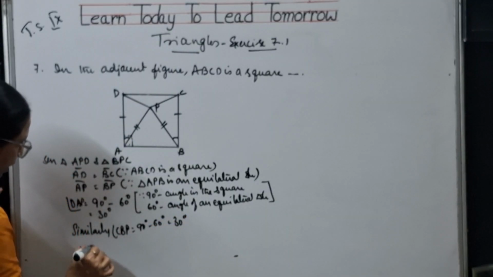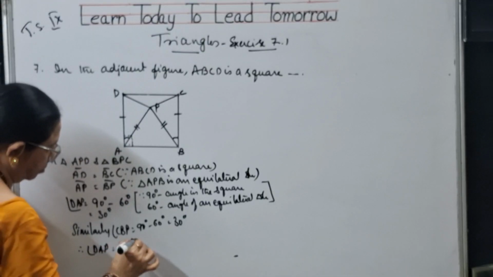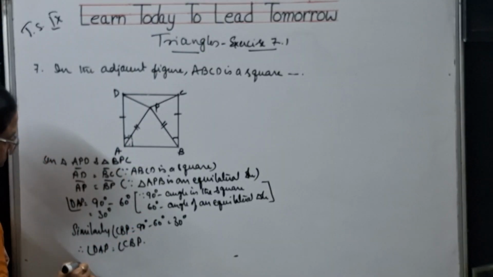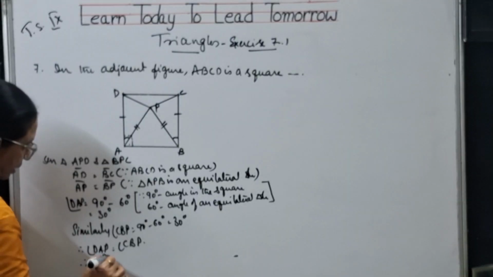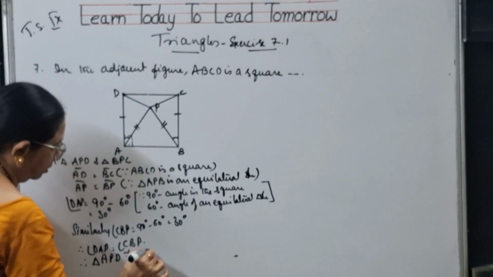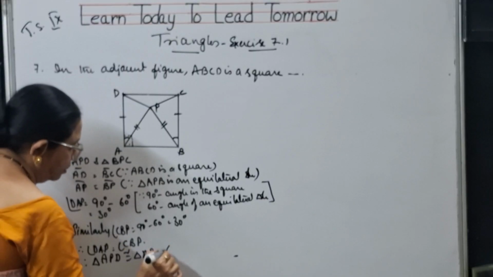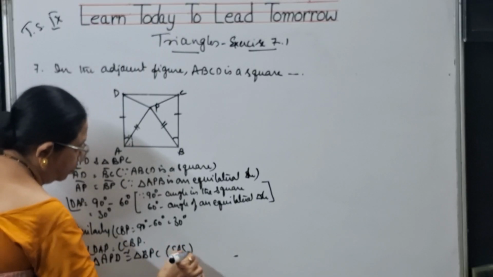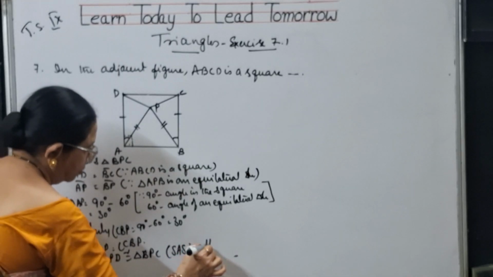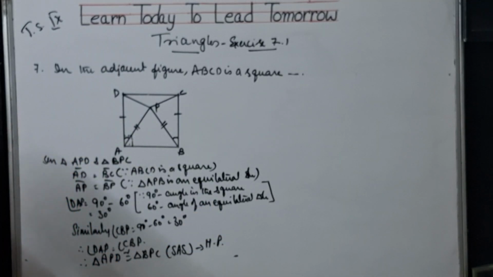Therefore, angle DAP is equal to angle CBP. So, we'll say that triangle APD is congruent to triangle BPC basing on what property? Side angle side property. Hence, proved. This is the proof of this problem, children.